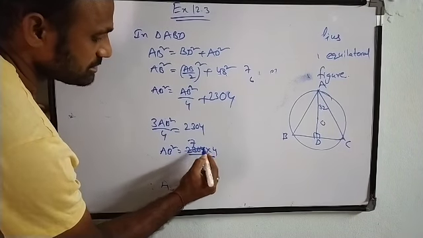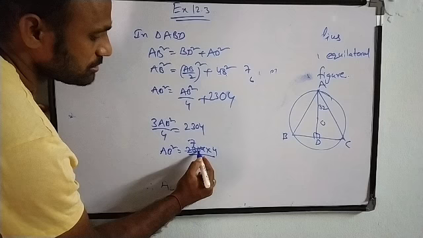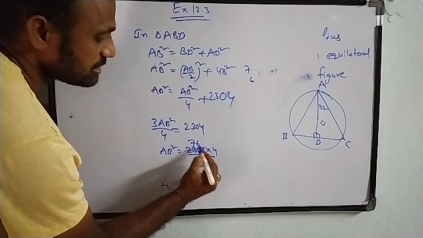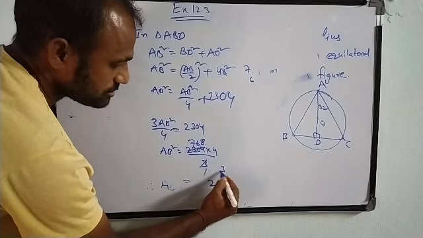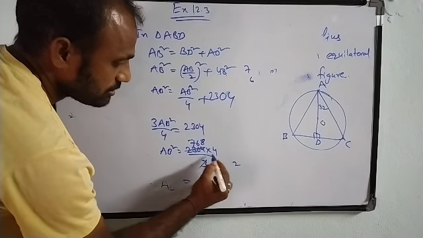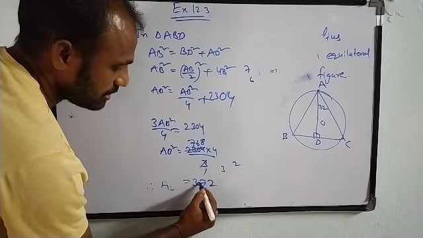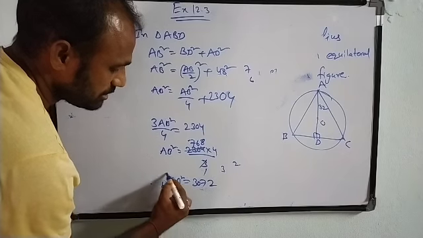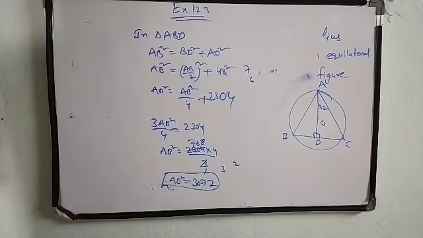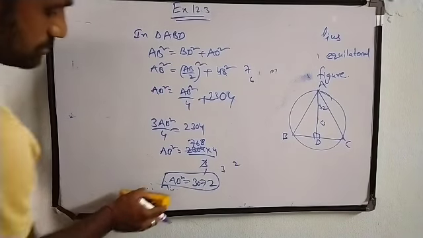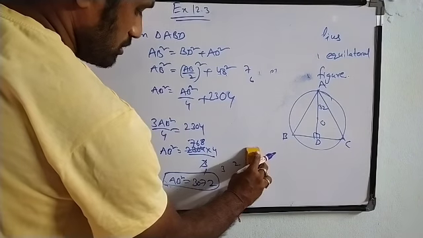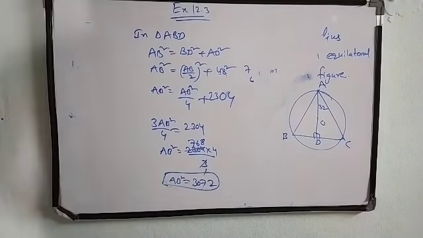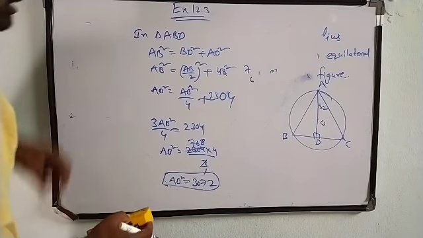So AB square is nothing but 3072. So this is the value of AB square.